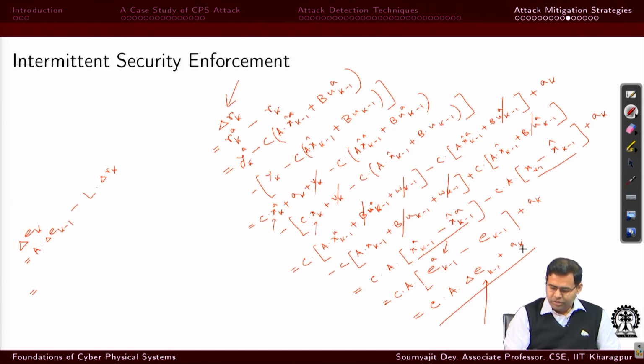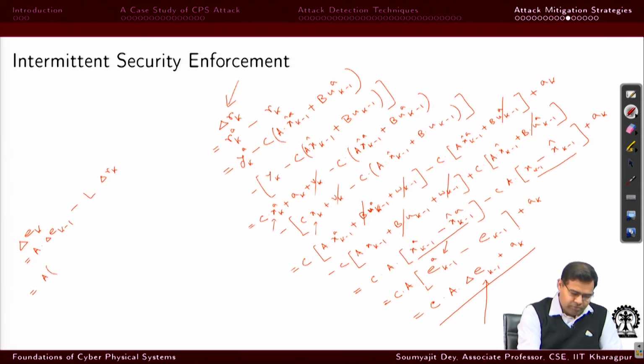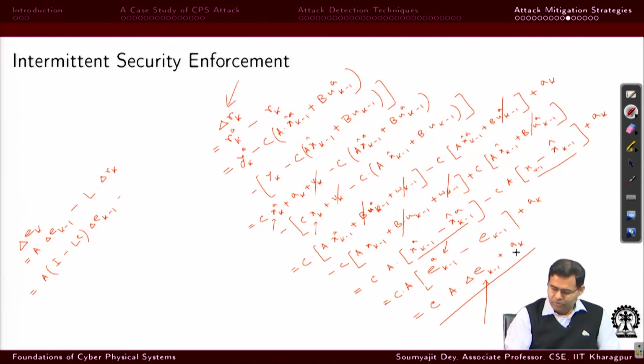So, of course, this will be substituted here and I would get a nice looking expression. So, you have an A_k component also, so minus L A_k.